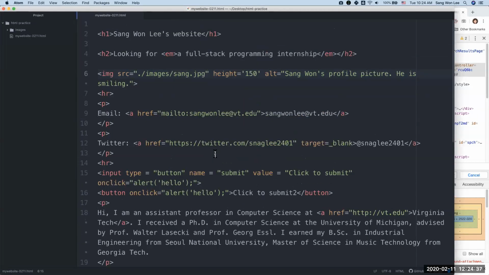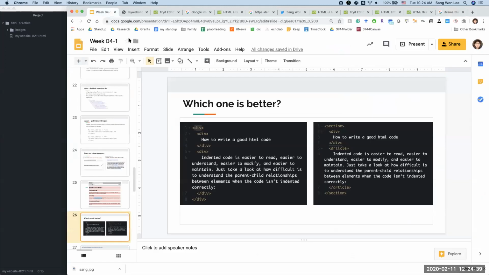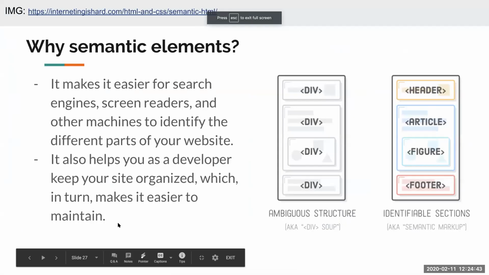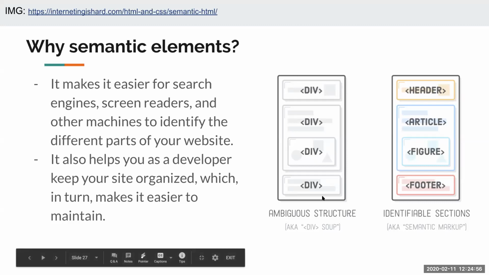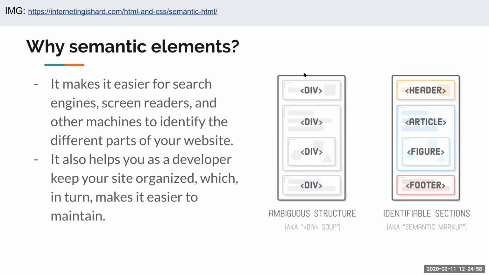Okay, so let's go back to the slide. So why semantic elements? It makes it easier for search engines, screen readers, and other machines to identify different parts of your website. For example, you can have an exactly same looking website completely using div or completely using semantic elements, but the search engine is going to have a better sense.